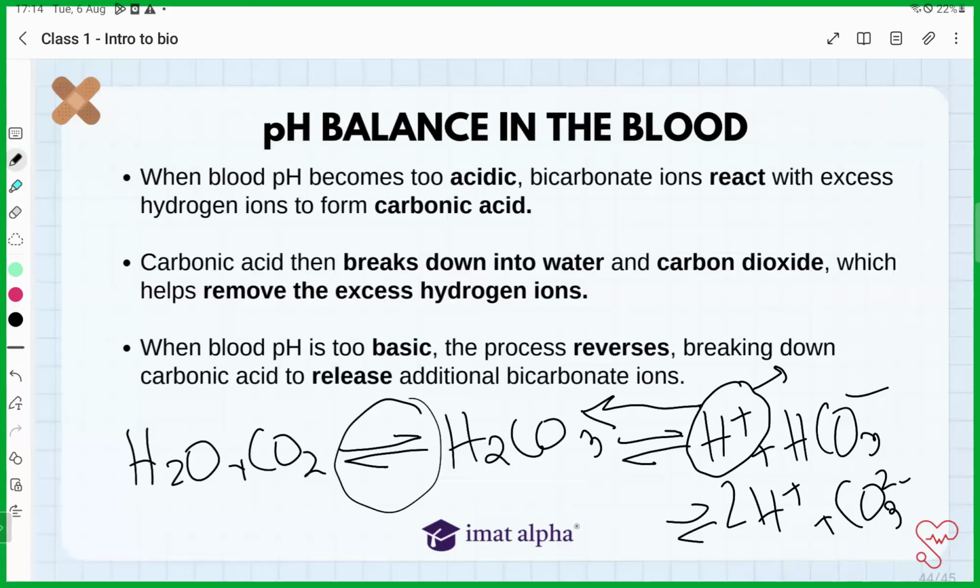And of course, this reaction is reversible. If we have so much carbonic acid in blood, this carbonic acid starts to dissociate into water and CO2 to be able to occur the buffer system inside the blood.